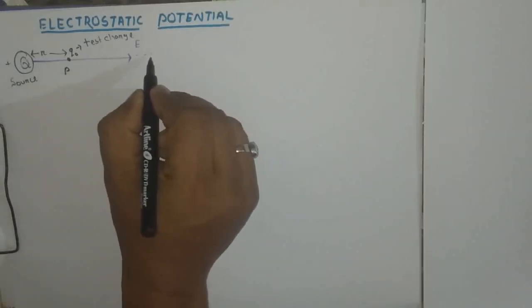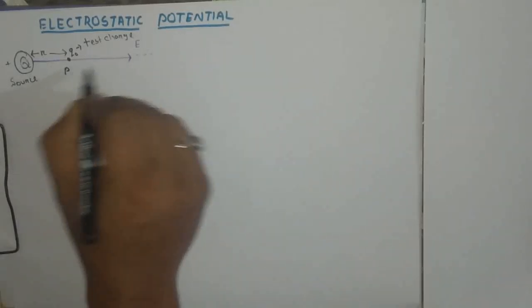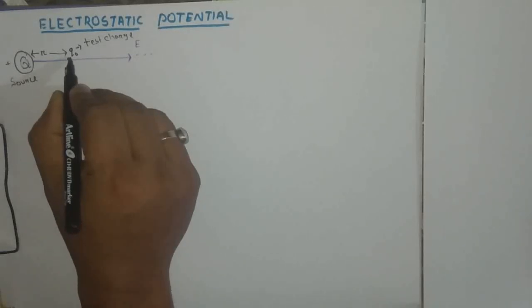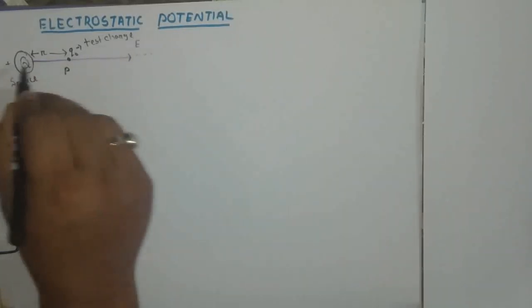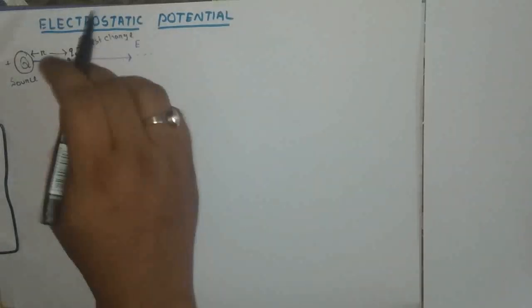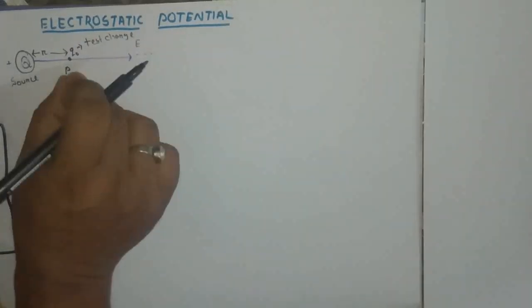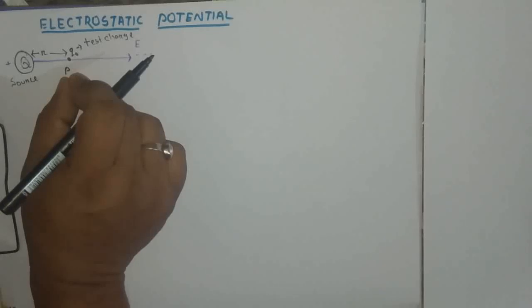So what is the amount of energy I want to bring? I want to bring that test charge from infinity to this point against the electric field. This is the direction of the electric field. I want to move this against the electric field. That is known as potential energy.